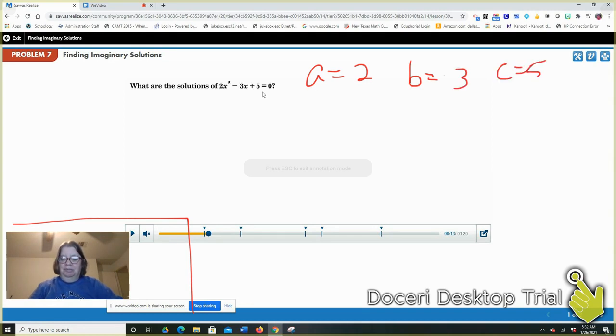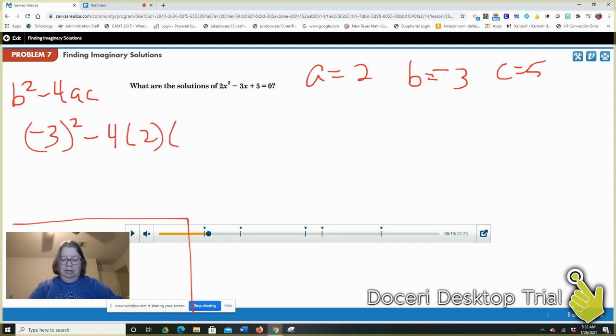I'm going to find the discriminant first, which is b squared minus 4ac. This is -3 squared, which is 9, minus 4 times 2 is 8 times 5 is 40. So 9 minus 40 is -31.